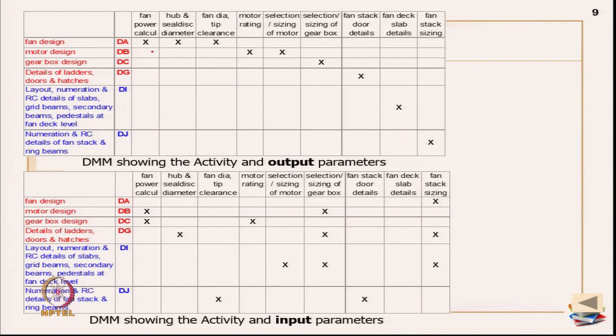Fan design can release fan power calculations, which are required by motor design and gearbox design, and fan design can release hub and seal disc diameter, which is required for design of ladders, doors and hatches. Fan design also releases fan diameter and tip clearance, which is required for numeration and RC details of fan stack and ring beams. So, like this you have to go through this.